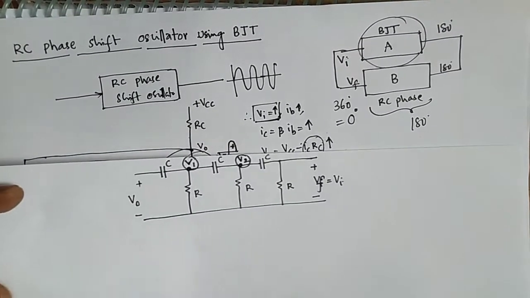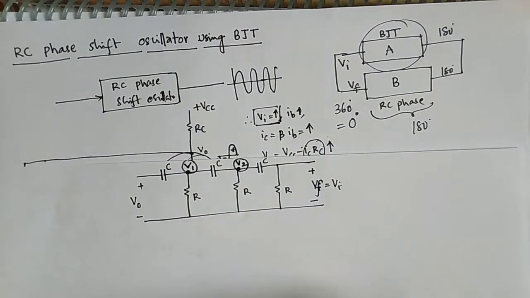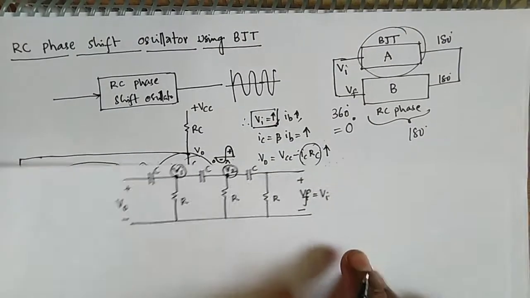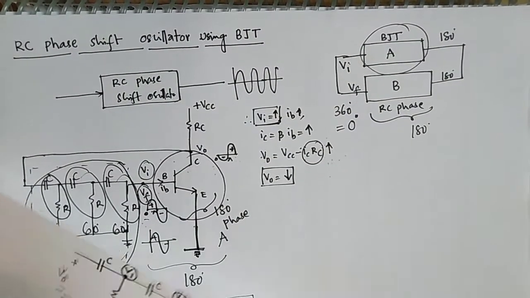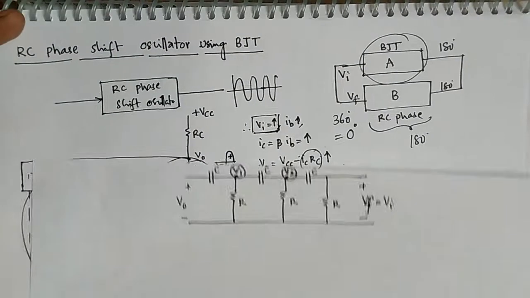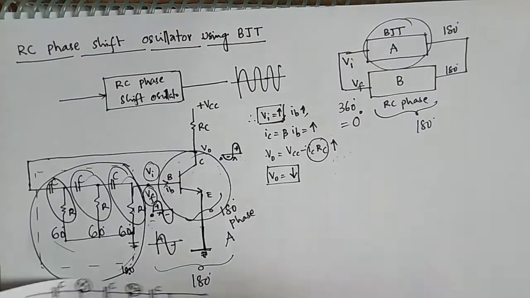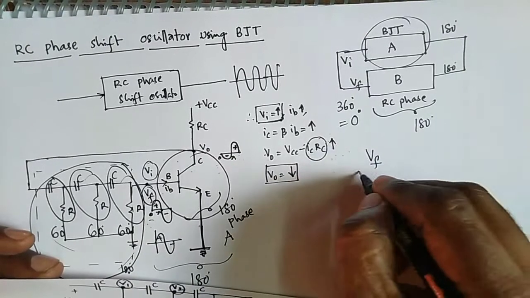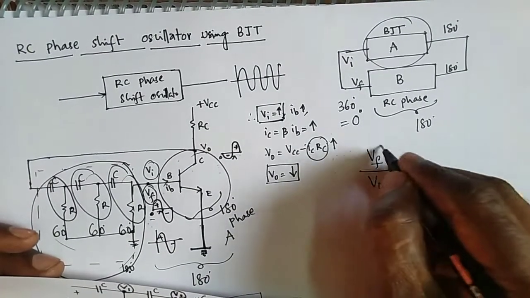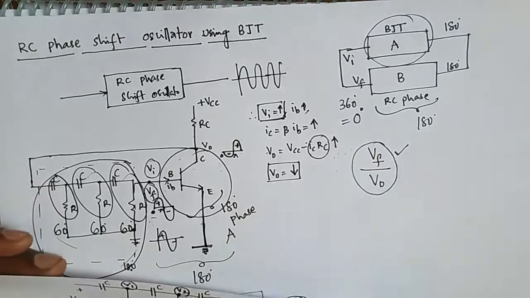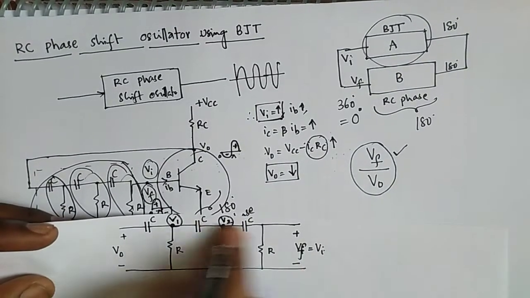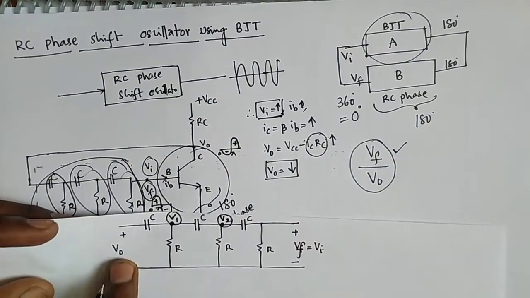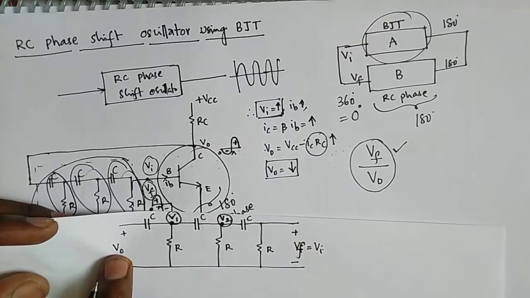Based on this function, we have to derive the expression for frequency of oscillation. How will you get the number of oscillations at output? Okay. So in the entire function, we have to calculate Vf by V0. This function we have to calculate. Vf is the RC phase shift output. V0 is the RC phase shift input value.